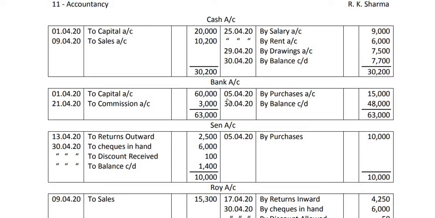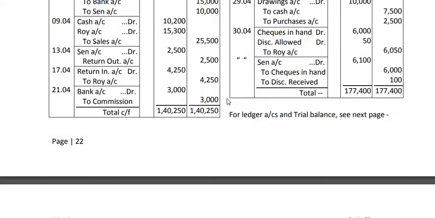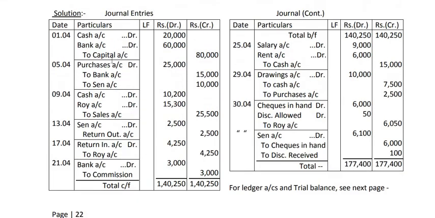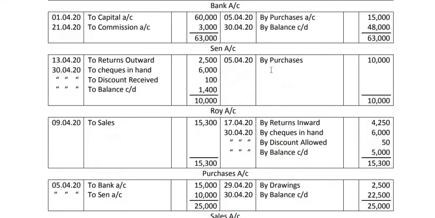Okay. Now, next our account is Sen account. In Sen account, first of all, we shall write by purchases. How much? 10,000. So by purchases in Sen account is rupees 10,000, on 5th April.